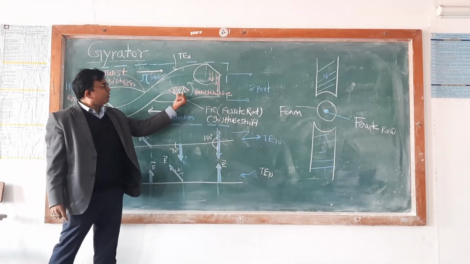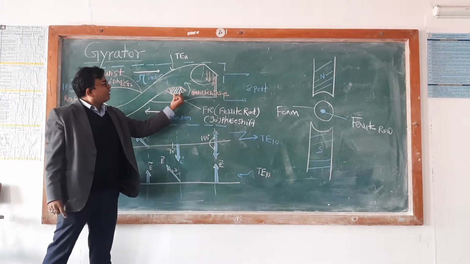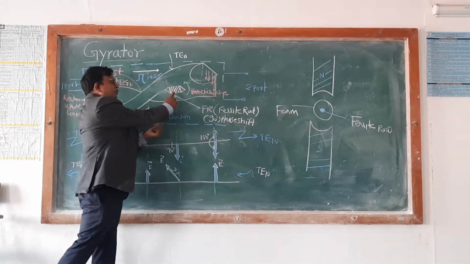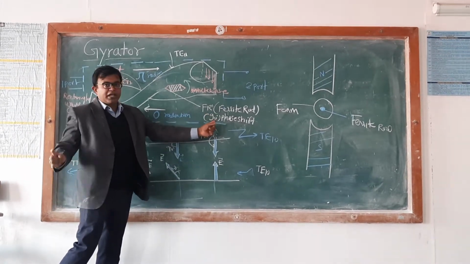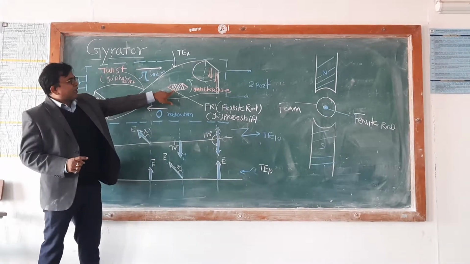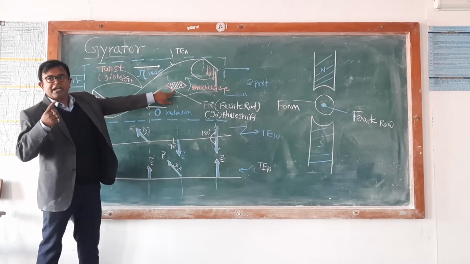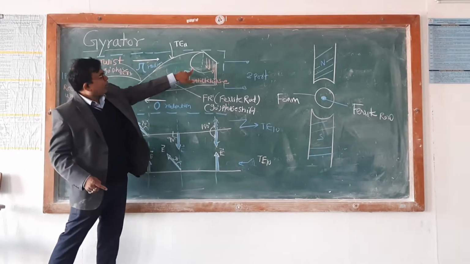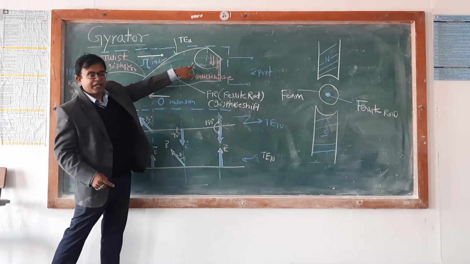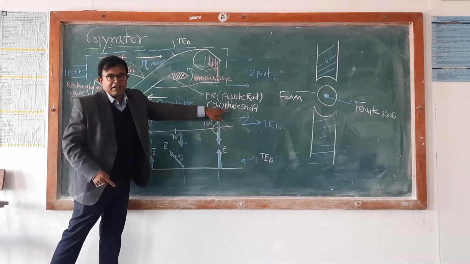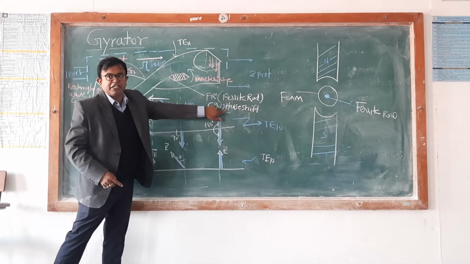This ferrite rod is within the waveguide, and this will give you a 90-degree phase shift. The ferrite rod can be rotated in the anti-clockwise direction with a 90-degree phase shift.